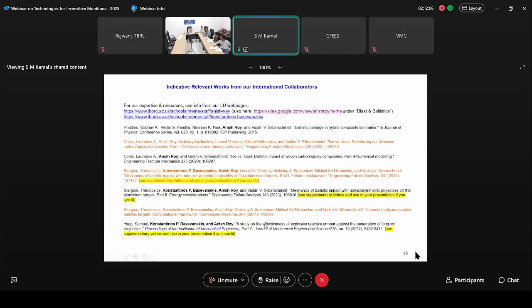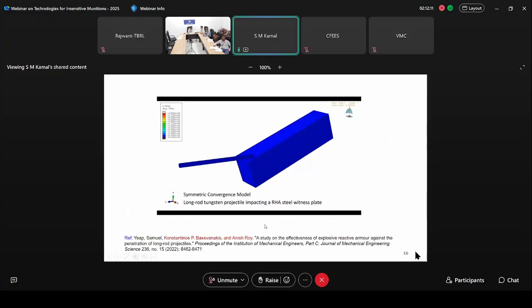And then I would like to show some simulation work from the last publication of our collaborator. Here you can see the projectile is a tungsten rod impacting a steel witness plate.